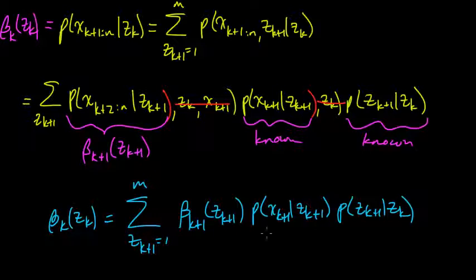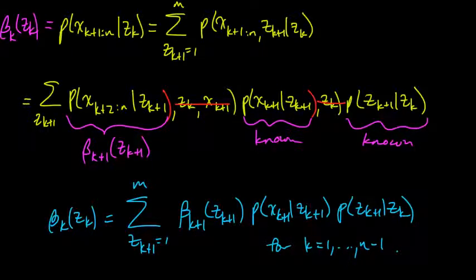All right, so this is valid for, what is this? Here we have a k plus 1. So this is going to be valid for k from 1 to n minus 1. All these things make sense for those k's. But what about when k equals n? Well, or when k equals n minus 1, we end up with a beta n of zn.